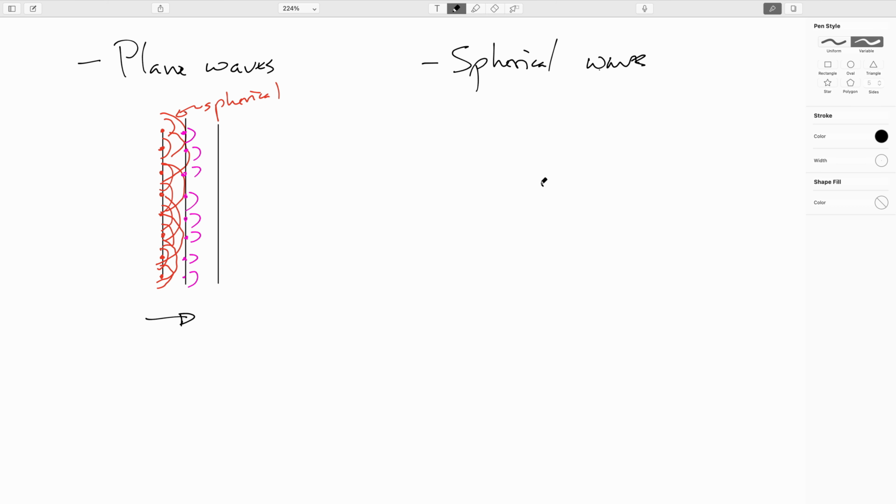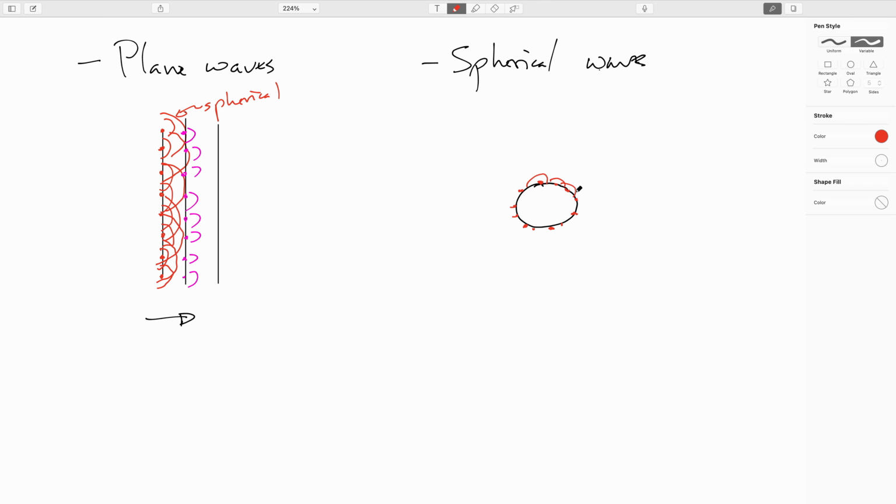Here I will be drawing in cross-section, but you should be thinking of it as a sphere in 3 dimensions. And again, it's the exact same game plan. Every point on here is going to be a source of wavelets that will propagate forward. Just trying to make it look, oh, there we go, something like that.